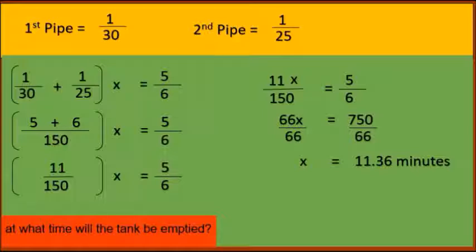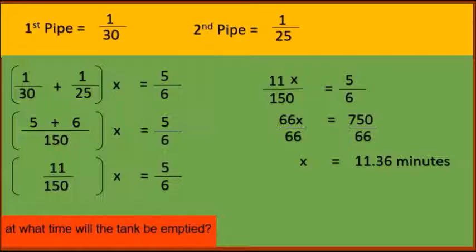So, 150 divided by 30 times 1 is 5. 150 divided by 25 times 1 is 6. So, ganun tayo plus, times x equals 5/6.